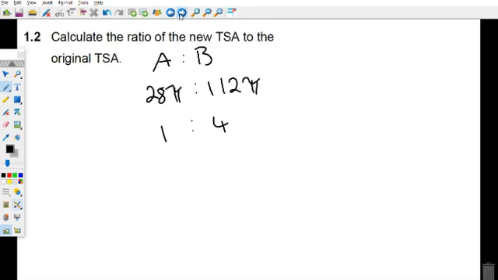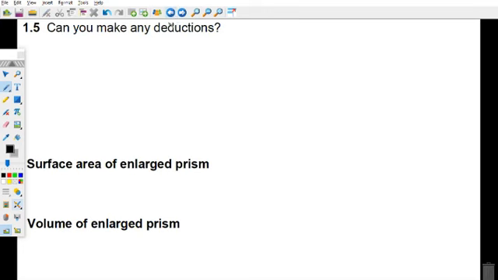So what deductions can we make about doubling dimensions? What can you tell me?